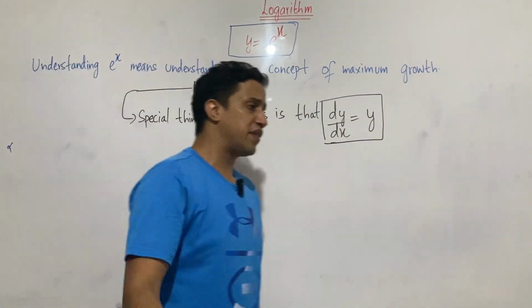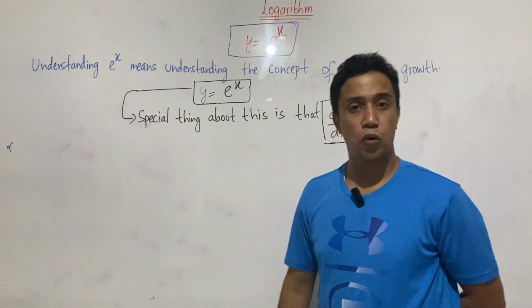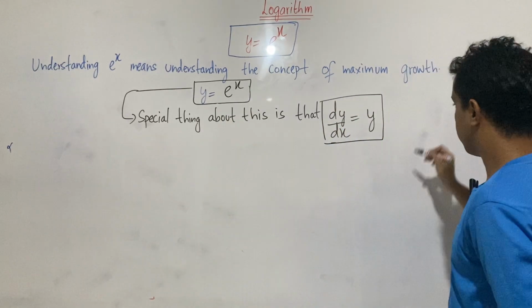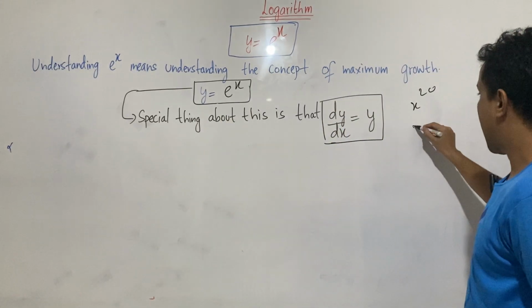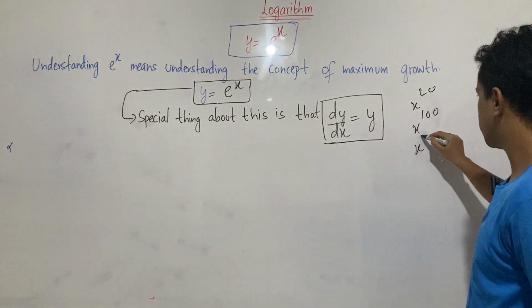You can think of any polynomial function, for example x to the 20, x raised to the exponent 100, or x raised to the power 200.